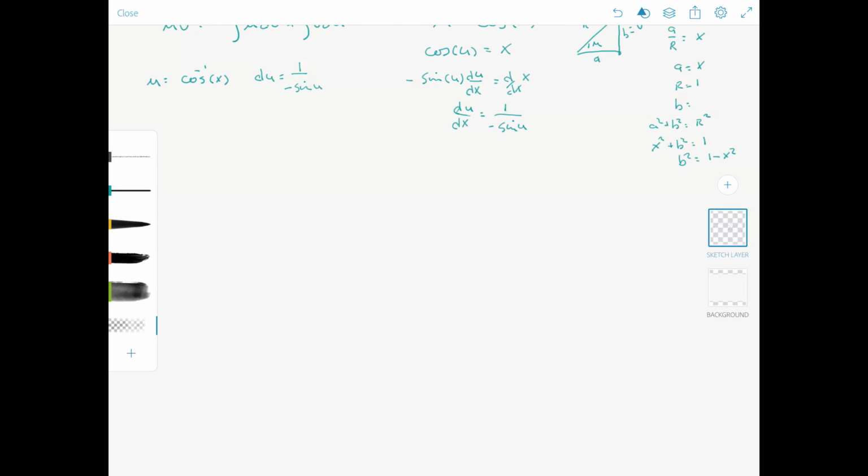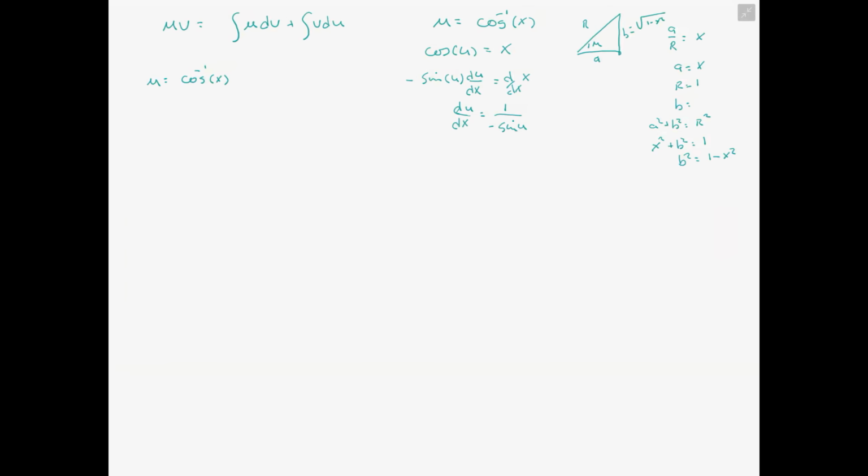Let's see, wait a second before I go too far. My pen. Okay. And that is equal to 1 over minus the square root of 1 minus x squared.